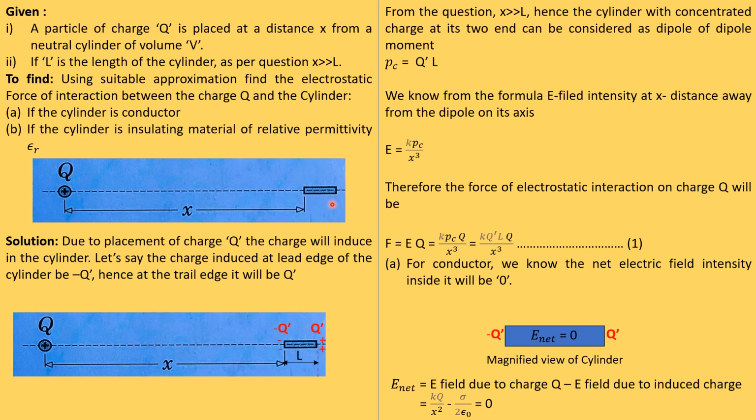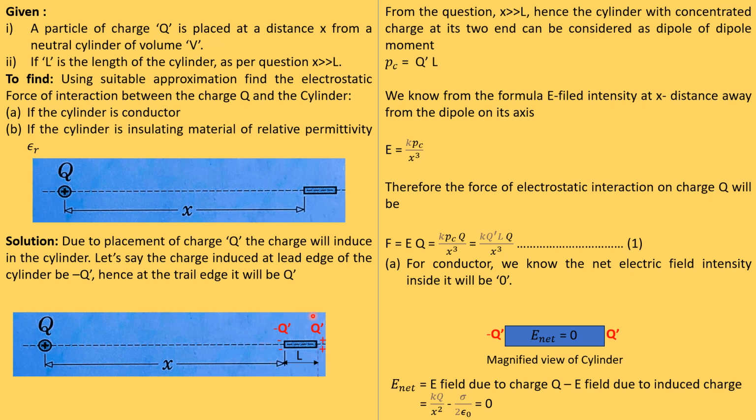So the cylinder will become a dipole. We have denoted by Q prime the charge which comes up on the cylinder due to induction. We have taken the length of the cylinder as capital L.